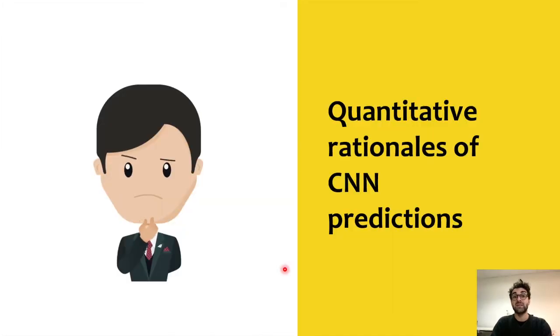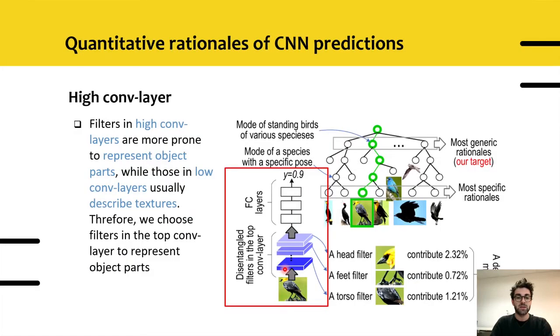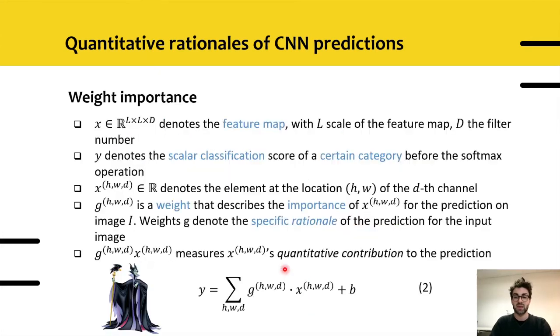But now that we have disentangled features, we have to go to the second task, and now we have to quantitatively estimate the CNN prediction, how the filters contribute to the different predictions. So we are interested more in the high conv layers, as we will see, because these are more prone to represent object parts, while those in low conv layers usually describe textures.